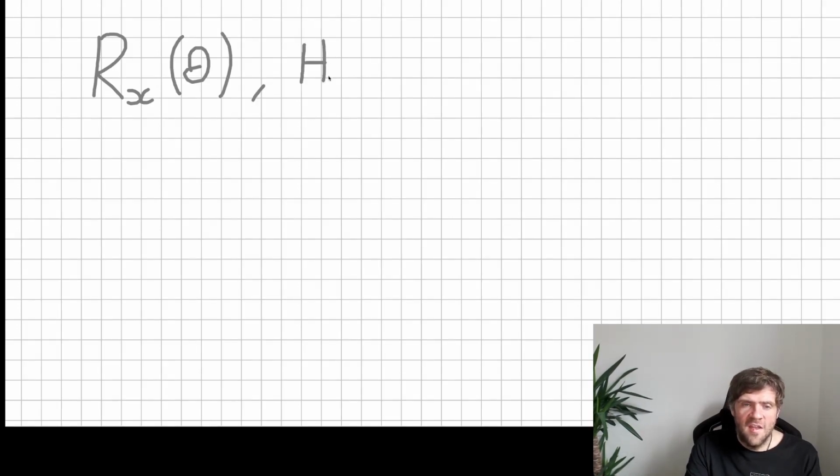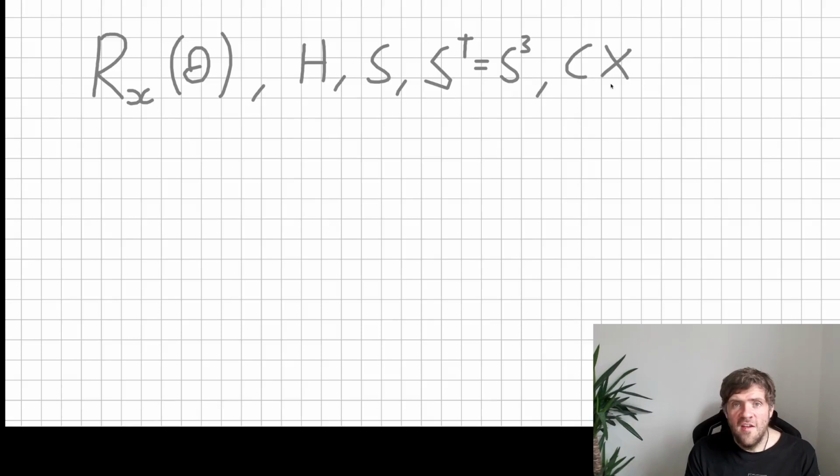So this could be the Hadamard, the S dagger, and even if you don't explicitly have the S dagger on its own, you can make that out of S's since it's S cubed, and the controlled NOT. There are different ways to express generators for the set of Cliffords, but this is a good one. So yes, these are the Cliffords, and this is our non-Clifford, and together they give us everything.